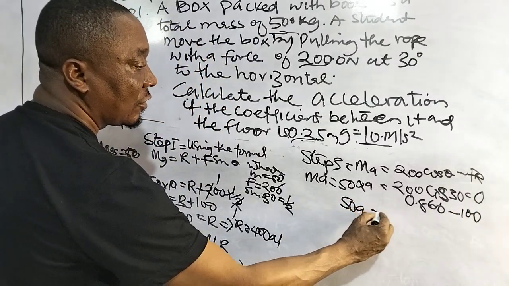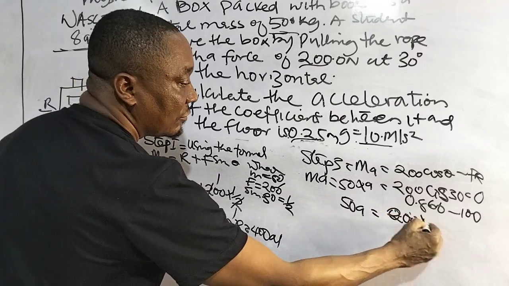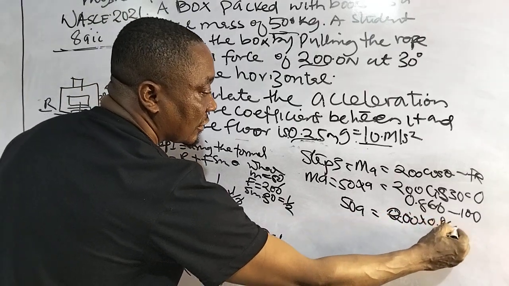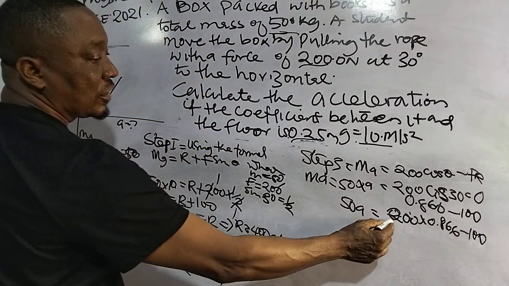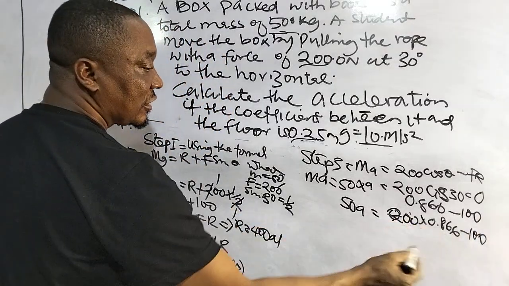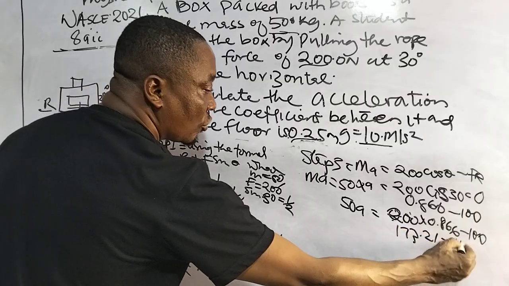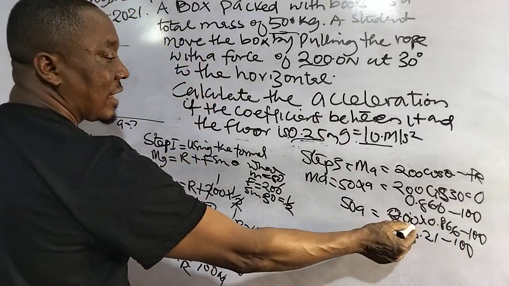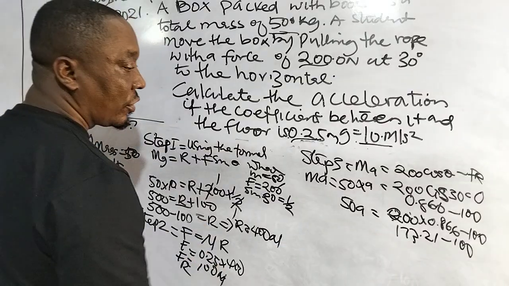We now have 50a equals 200 times 0.866 minus 100. 200 times 0.866 is 173.21, minus 100.